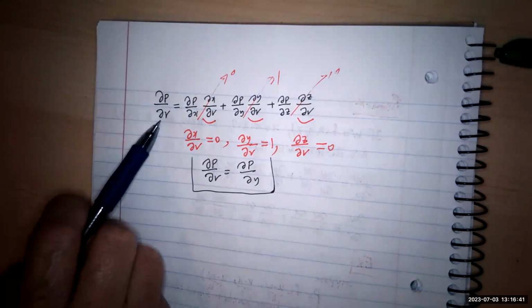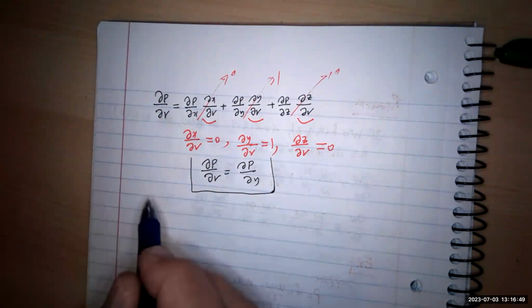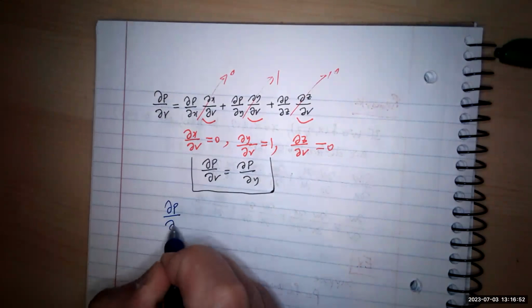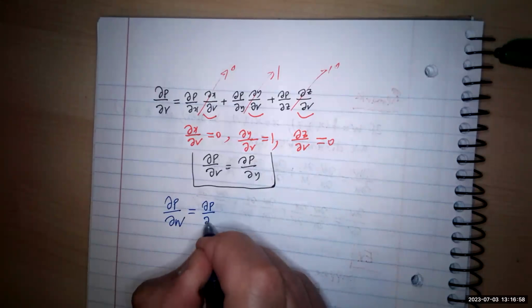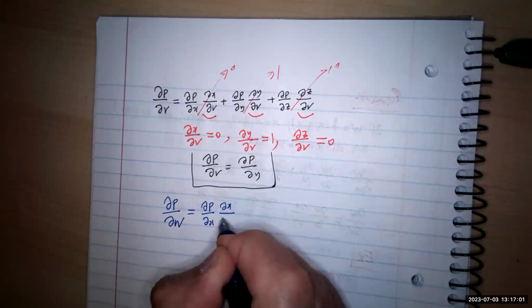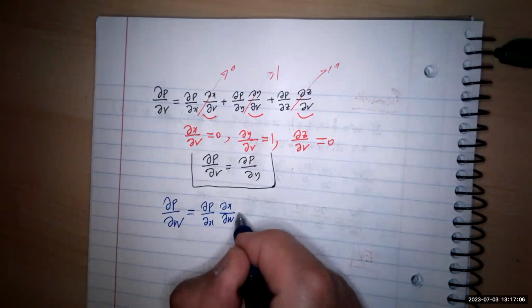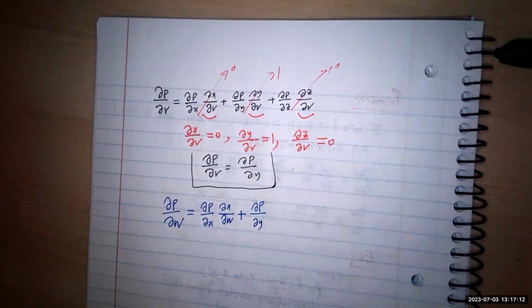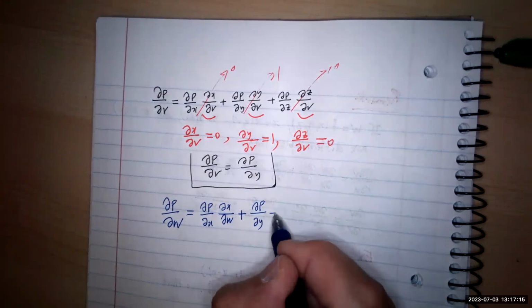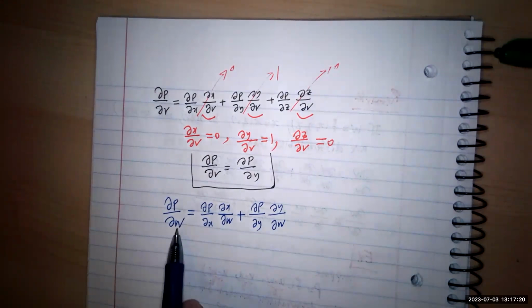So we did ∂P/∂V, one more, W. Okay, already. So let's differentiate ∂P/∂W. Again, P is a function of X, so it's going to be ∂P/∂X, but X is a function of W. Differential form, so plus, P is a function of Y, ∂P/∂Y, but Y is a function of W, so ∂Y/∂W, because you need a W here.